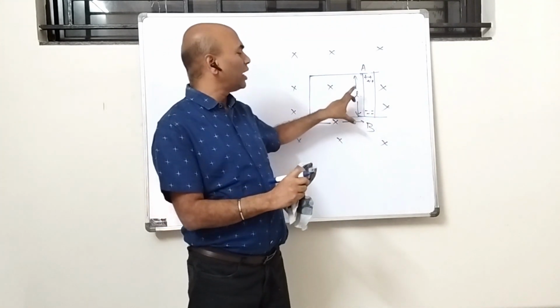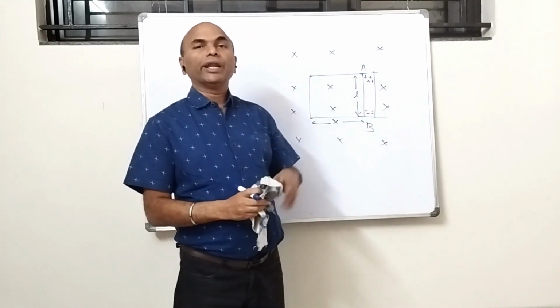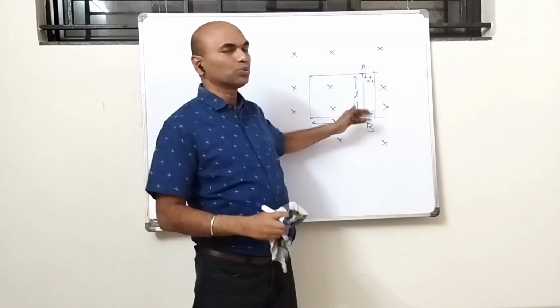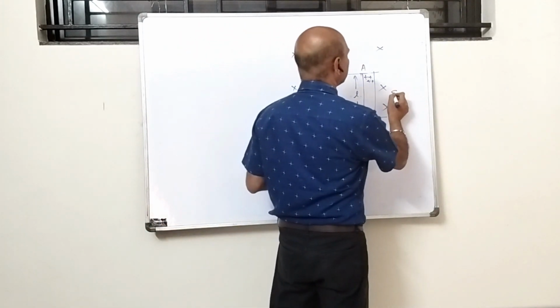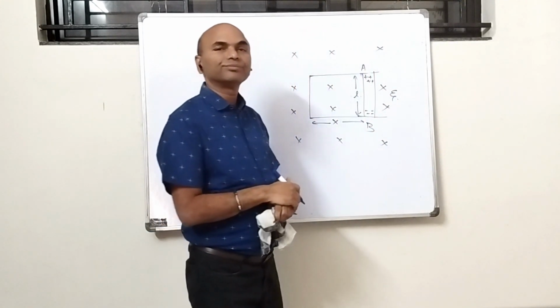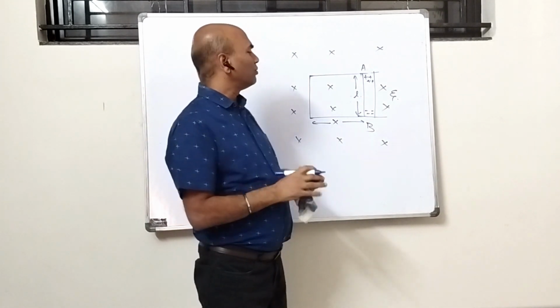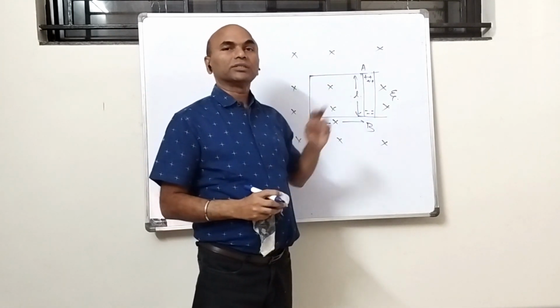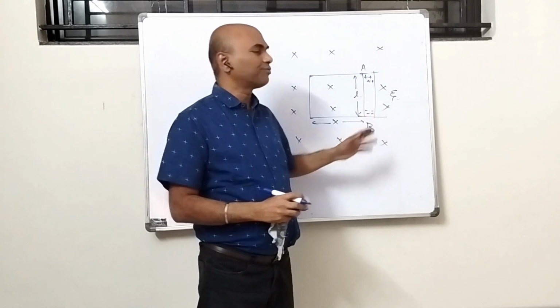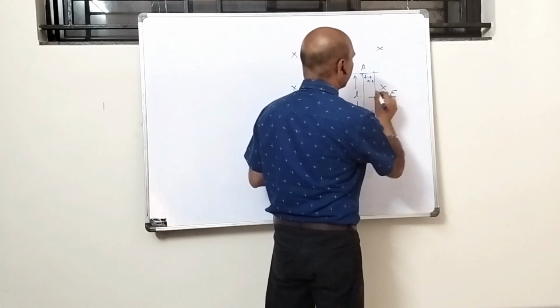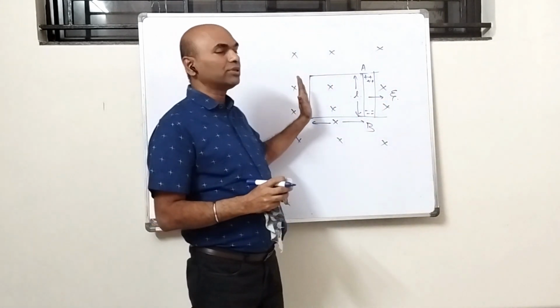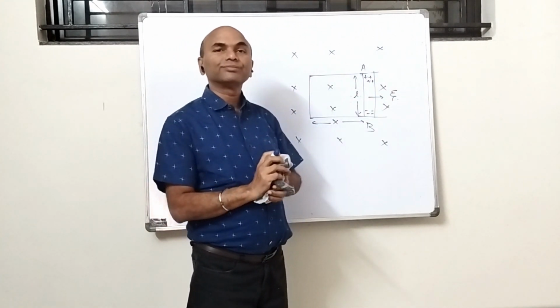So it behaves as a battery, and obviously it has a potential difference between these two ends. Let us say the potential difference is E. Okay, so now this EMF is nothing but the motional EMF, and it has been generated because we have moved the rod to the right.